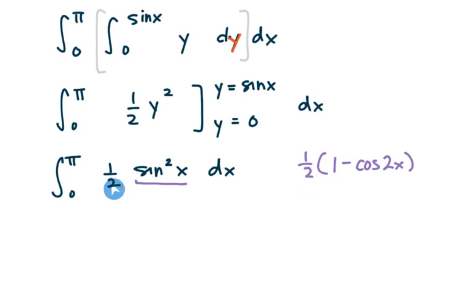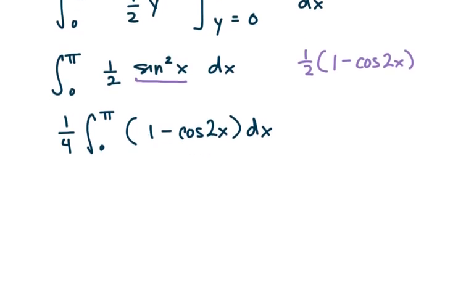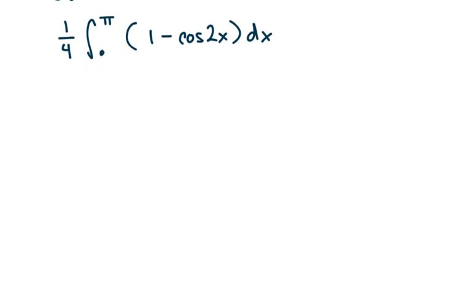So I'm going to pull this 1/2 out in front. That's going to give me a 1/4, integral from 0 to pi of 1 minus cosine 2x dx. So using this double angle identity allows us to reduce the power. Once the power is gone, this is now two terms that are easy for us to integrate.